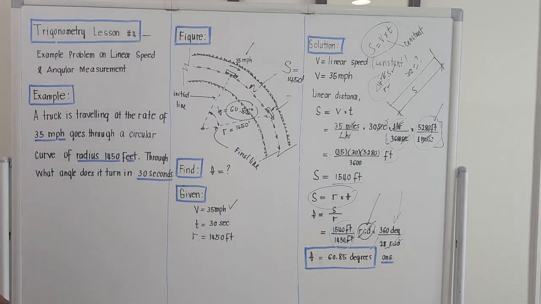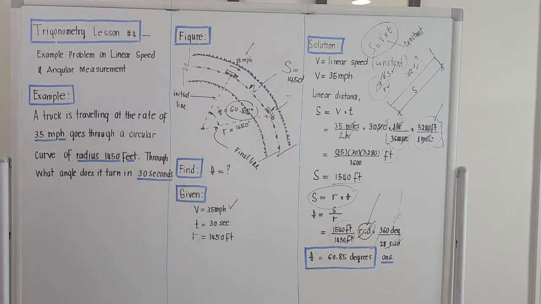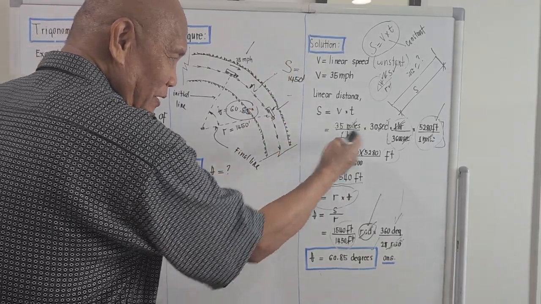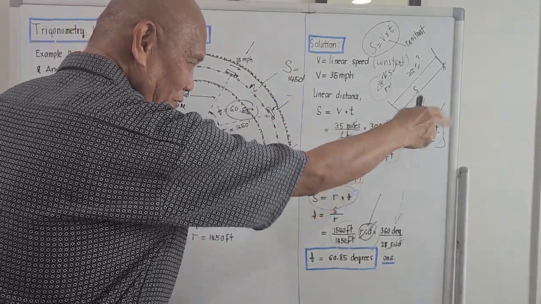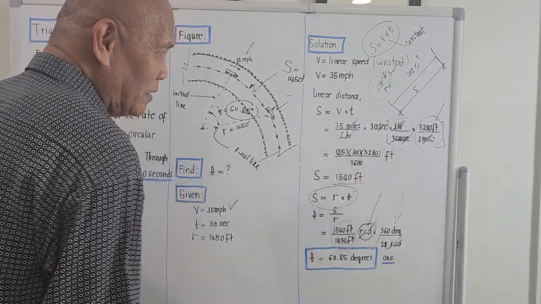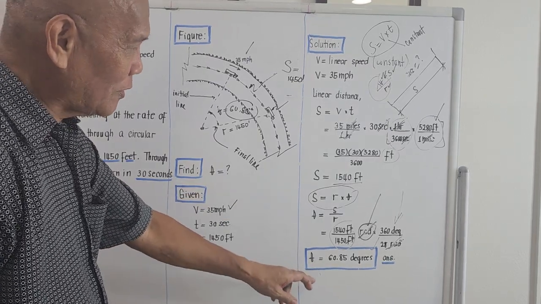Okay? It's a simple problem, but we try to solve it the correct way, right? We put the units, then we try to make some calculations, so we could visualize what we are doing. So actually, we just use two formulas in the computation for the value of theta.